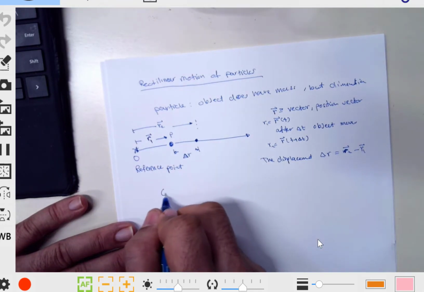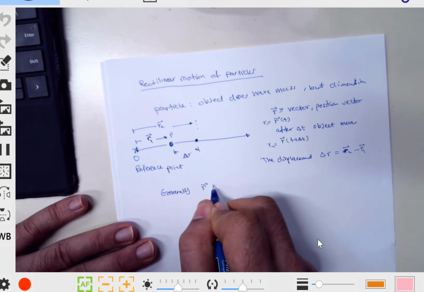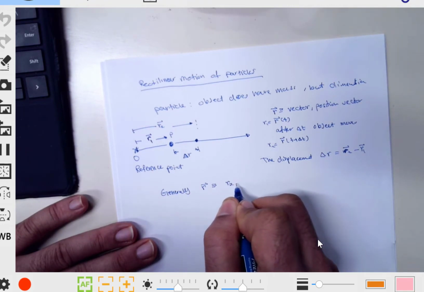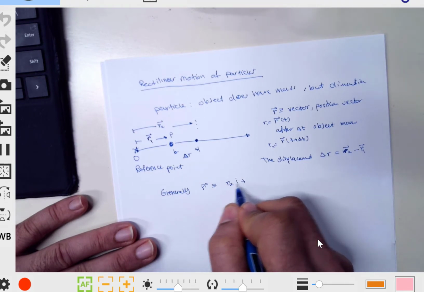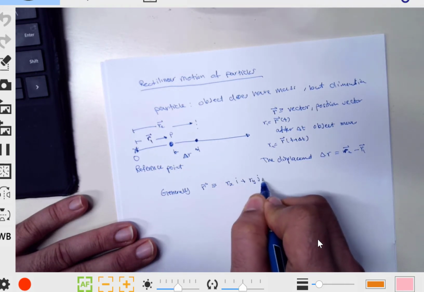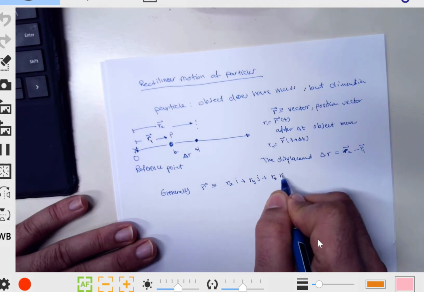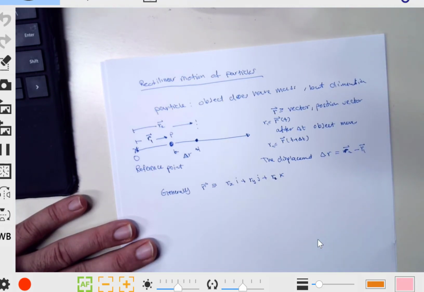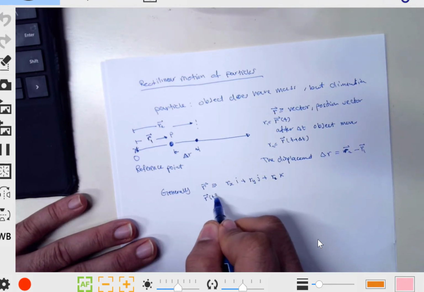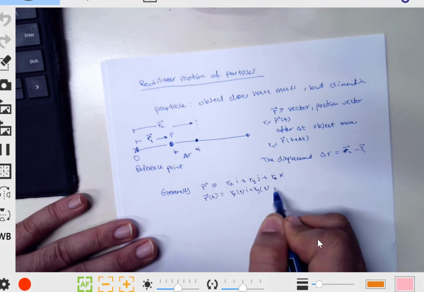So generally, before I put this in the notes, r is a vector comprising a component Rx i plus Ry j plus Rz k, where Rx, Ry, and Rz are the components, and this is the position vector. And if this is time variant, then each one of them is time variant, right?